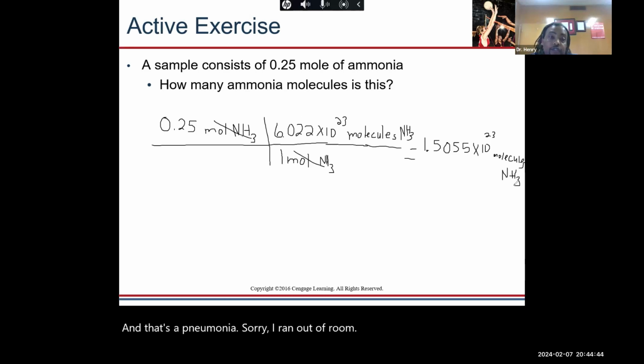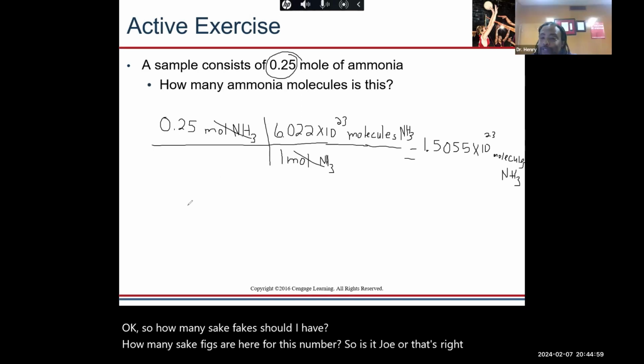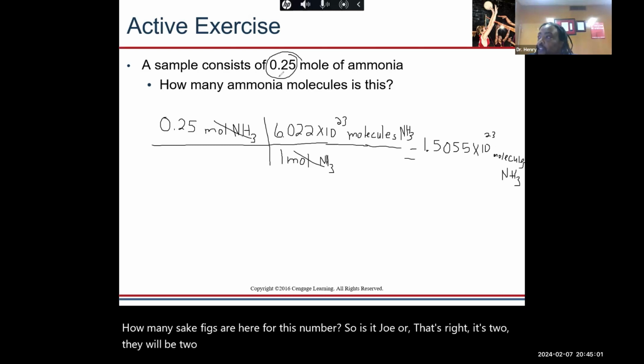Okay. So how many sig figs should I have? How many sig figs are here for this number? So is it 2 or is it 3? It's 2. Okay. So because this only has 2, remember this 0 here is just kind of a placeholder as well.